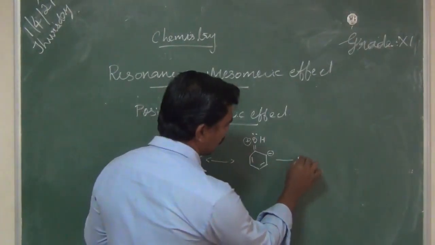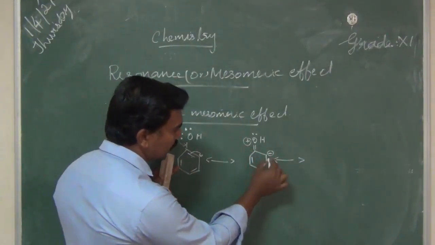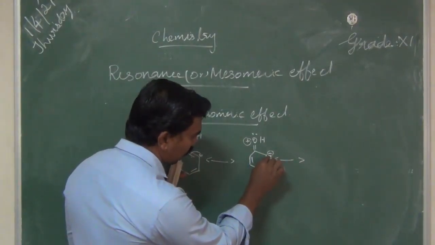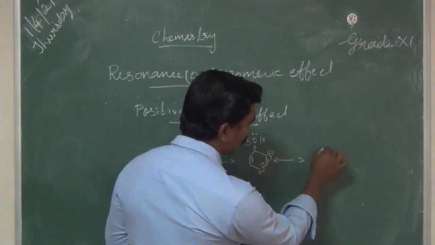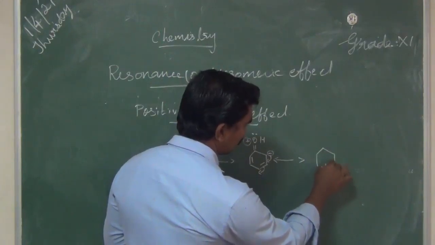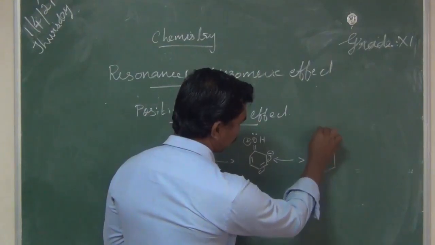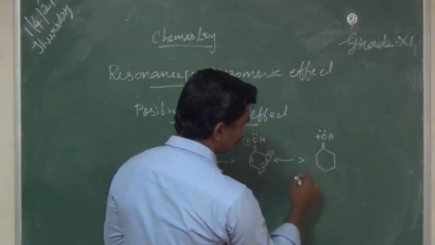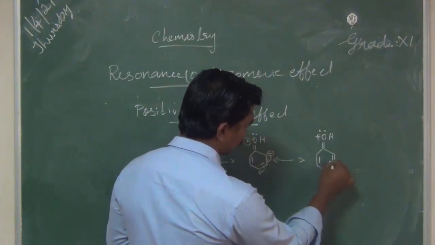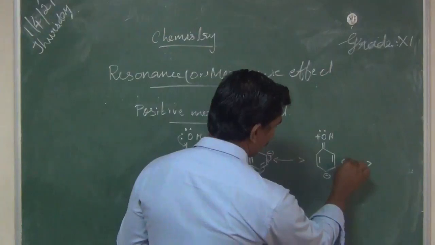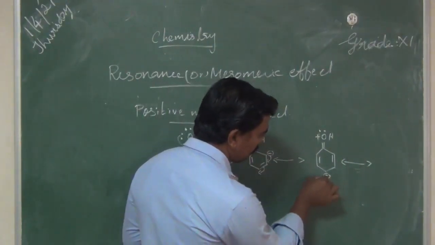Then the next resonance structure, here there is no change. This electron is moved here, then this electron comes here. So the resonance structure is formed. Then the next resonance structure, this electron is moving here.